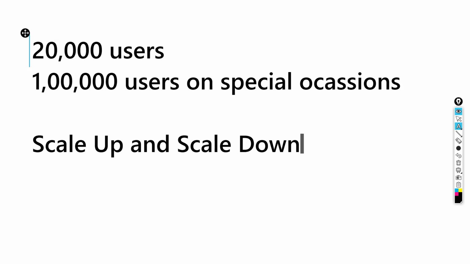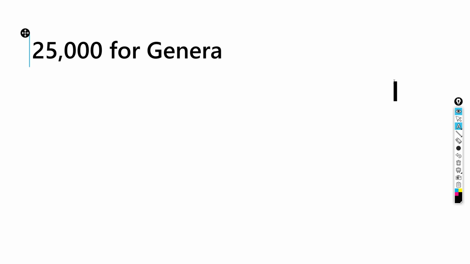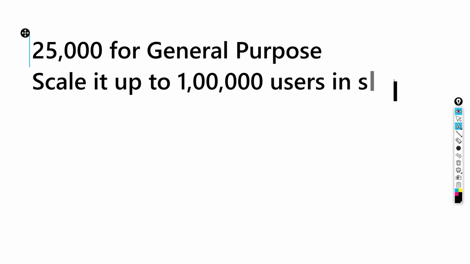What we do in cloud hosting is that we usually use a configuration where, if we are seeing 20,000 users, I'll configure the server for 25,000 users for general purposes. And I'll scale it up to 1 lakh users in special cases.